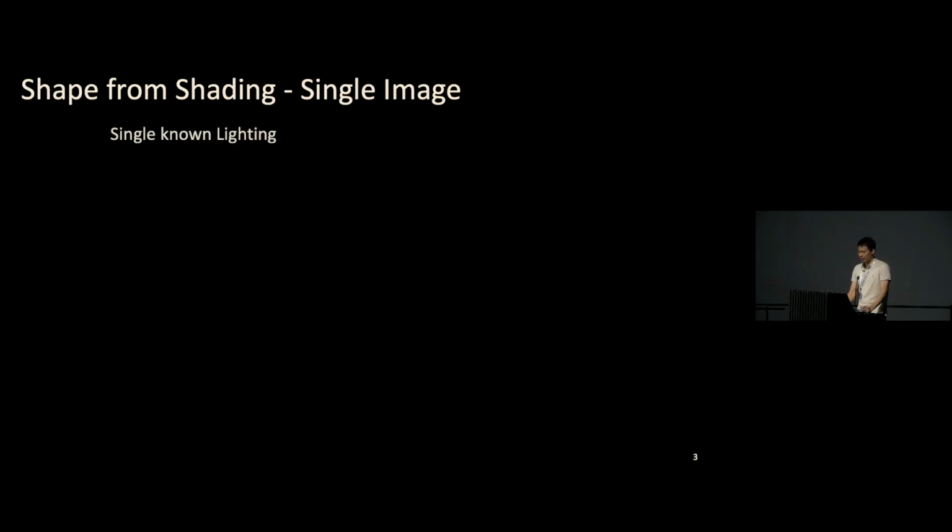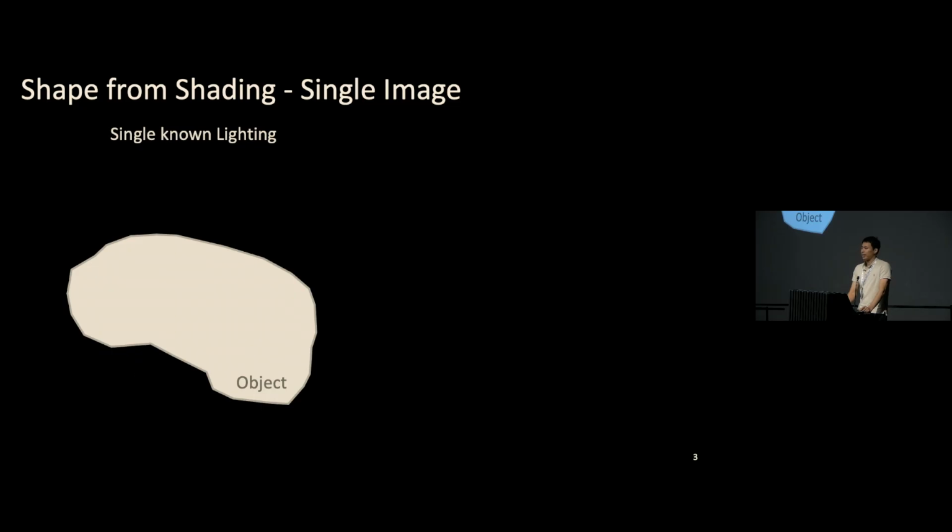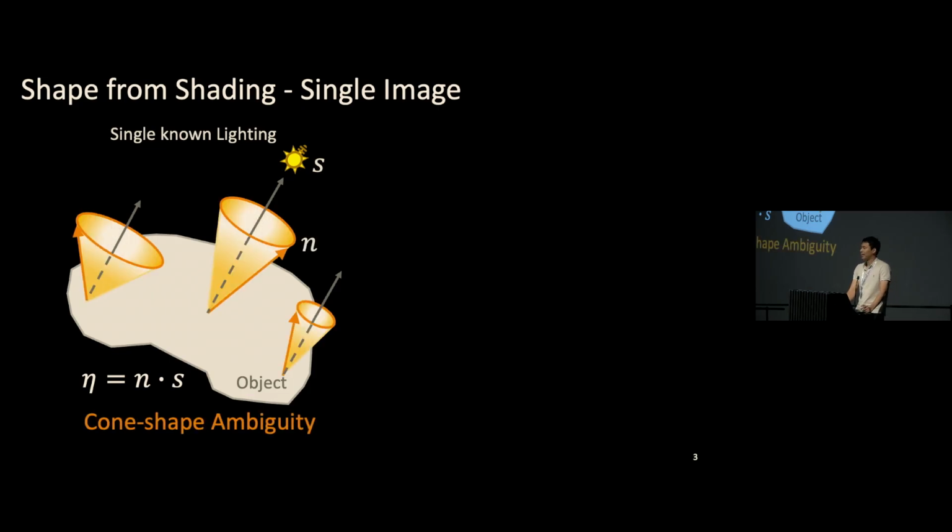By considering a Lambertian surface, the shading term eta is a dot product of the surface normal n and the lighting direction s. When the lighting direction s is known, eta satisfies a cone, which means the infinite number of possible normals lie along this cone.